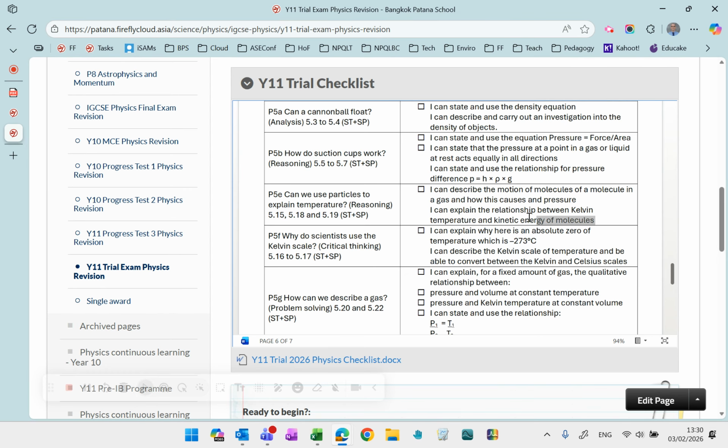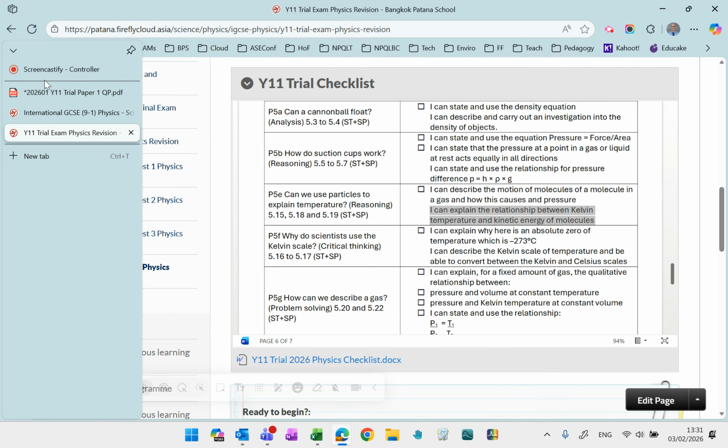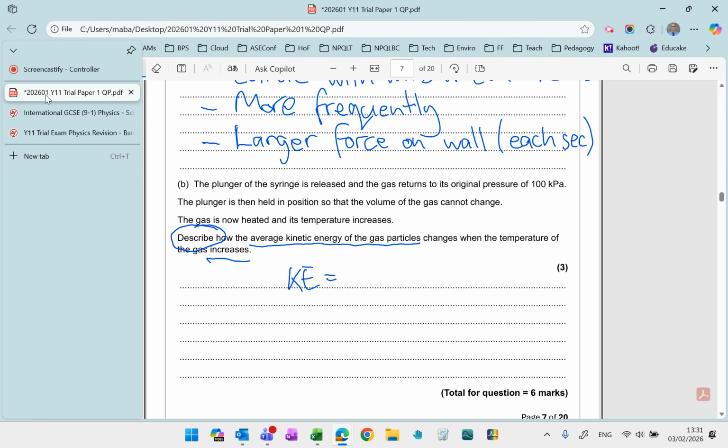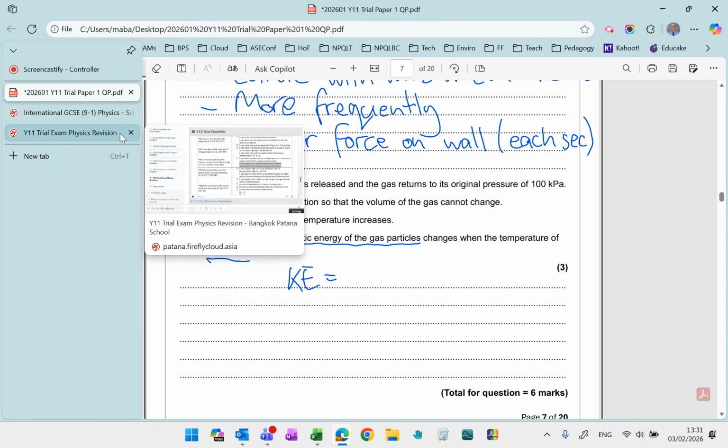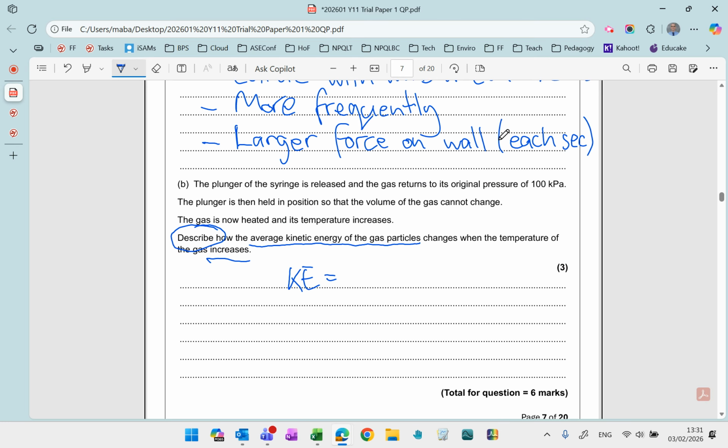I can explain the relationship between Kelvin temperature and the kinetic energy of the molecules. All right. So we do need to know that relationship. It isn't written in the formula booklet. Okay. But you need to know that the kinetic energy is proportional to big T, which is the Kelvin temperature.